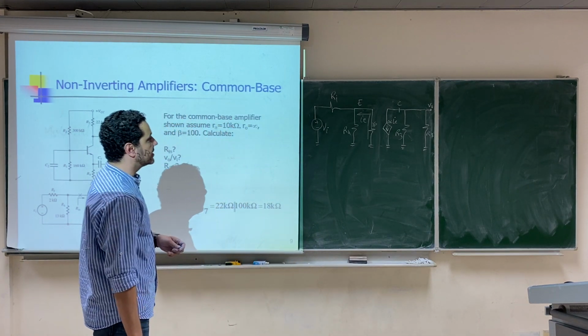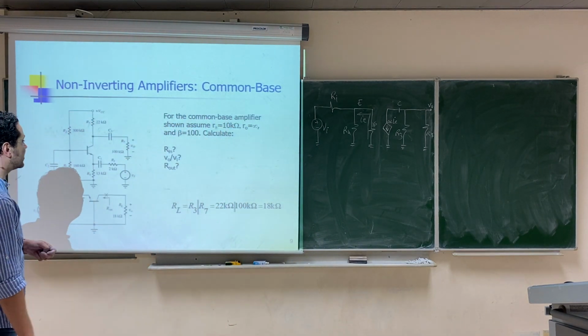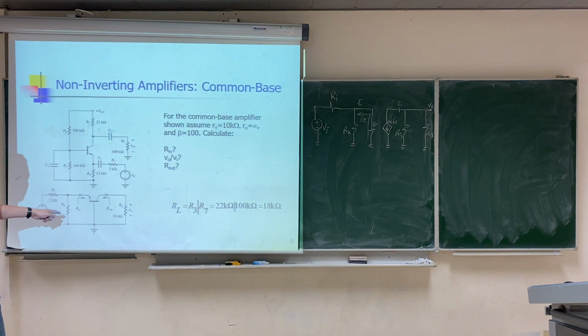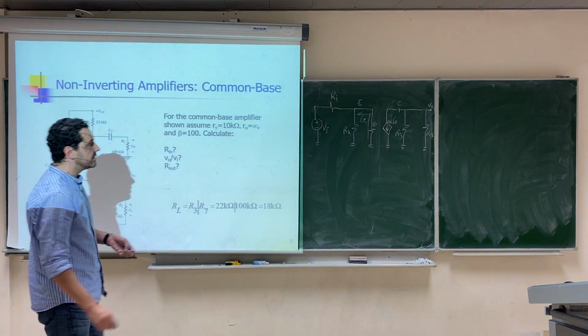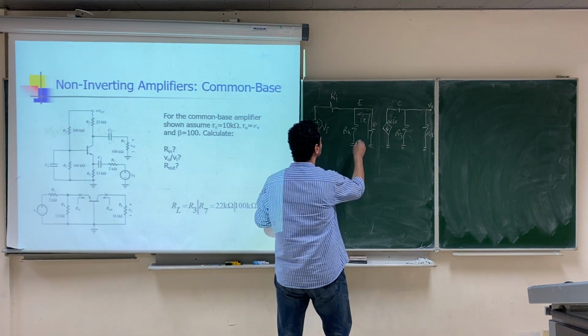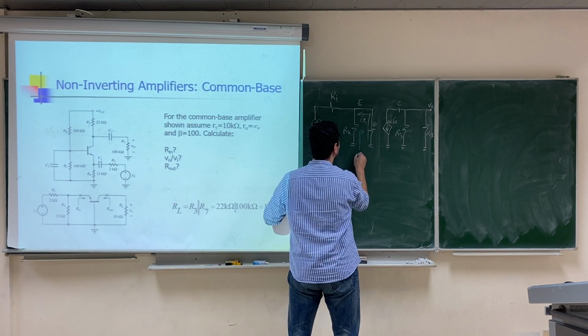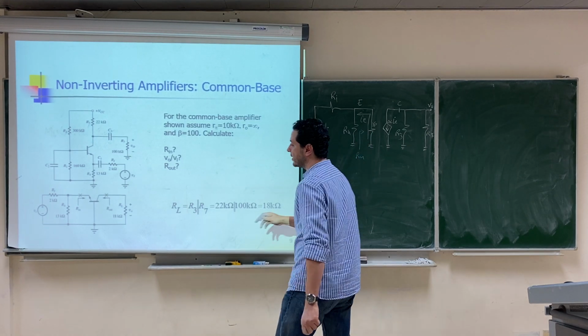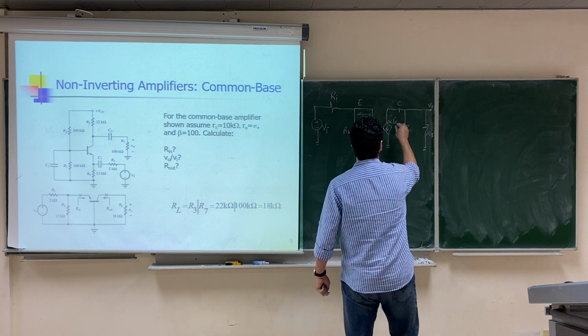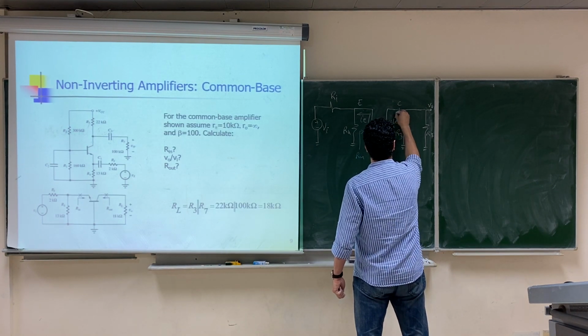So now this is a very easy circuit to analyze. We need again to calculate R input looking directly at the emitter. So here we need to calculate R input from here. We need to calculate R output directly at the collector. So R output from here.